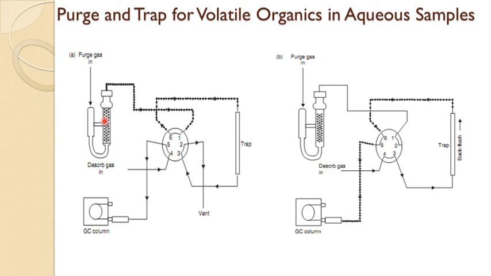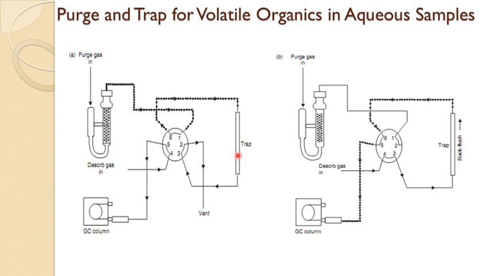The compound of interest with the sample is present here. When the gas is passed, the compound of interest is carried this way, and here is the trap, which is a very important thing. The molecules of the organic compound of interest get trapped or caught here by using this device, known as the trap.